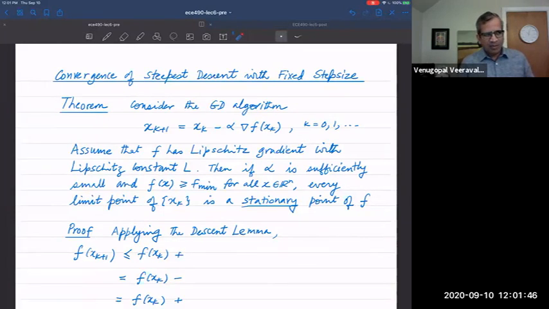It's just a little more messy, which is why I didn't bother doing that in class. But you can look at the book if you want to for those results. Basically, everything that I show for steepest descent really holds for any descent algorithm, pretty much. Okay.